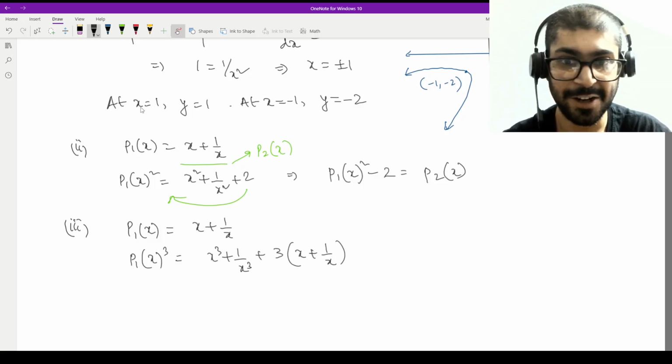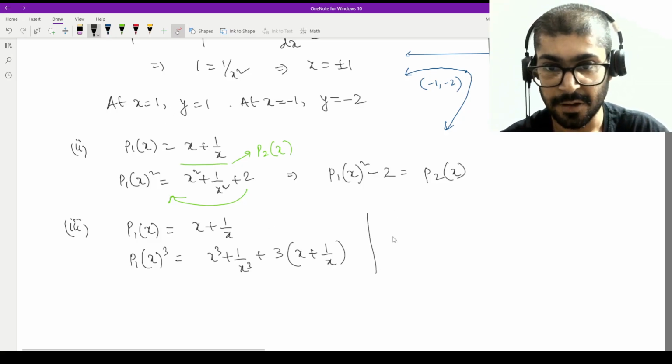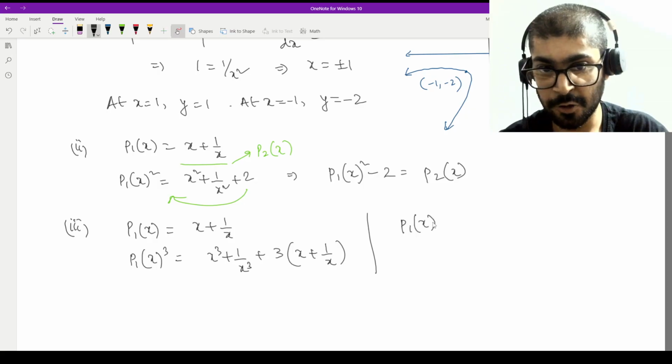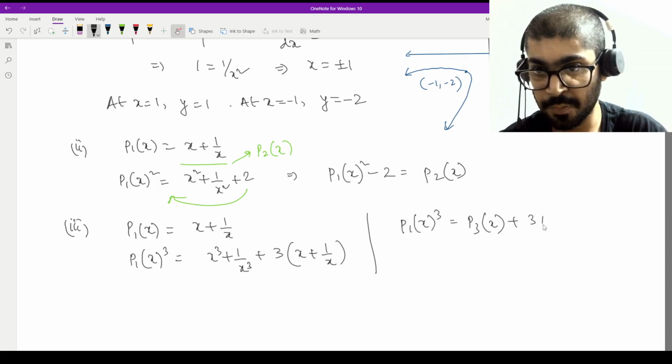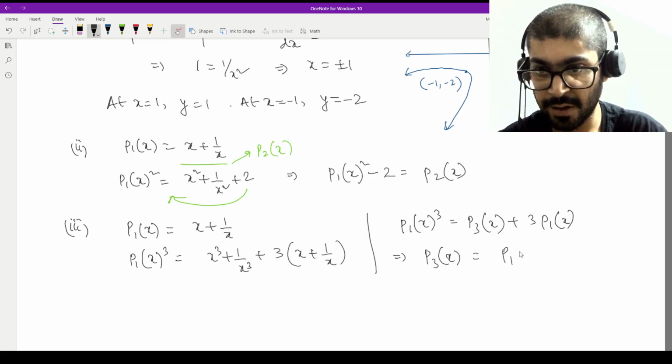Now again we can do the replacements, so that will give us p1(x) whole cube equal to p3(x) plus 3 into p1(x). Now we need to express p3(x) in terms of p1(x), so p3(x) would be p1(x) whole cube minus 3p1(x).